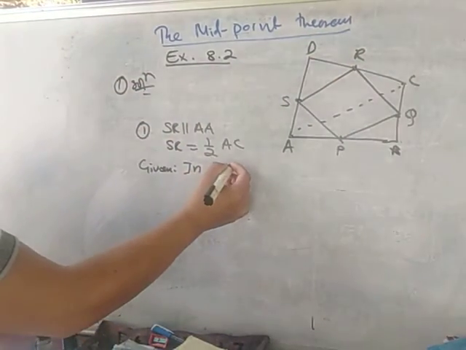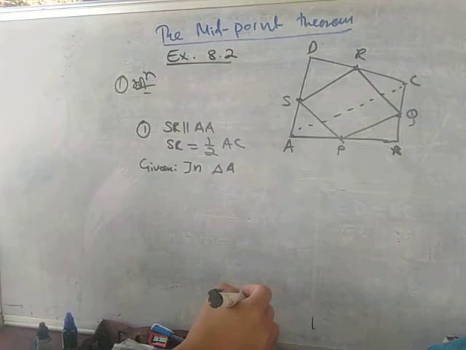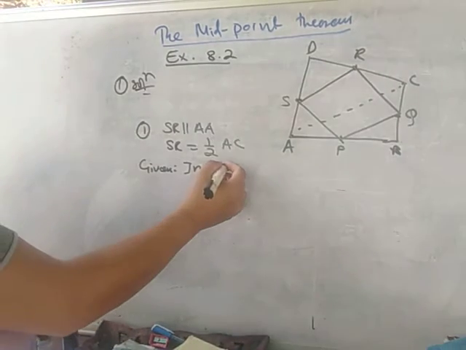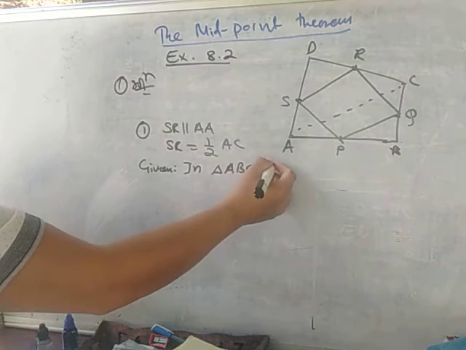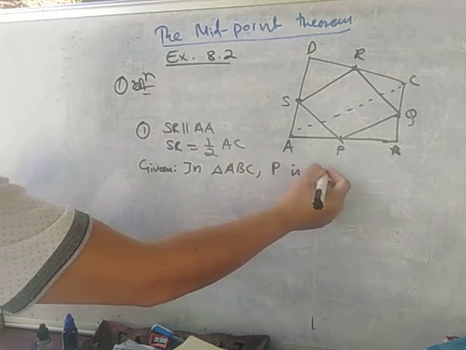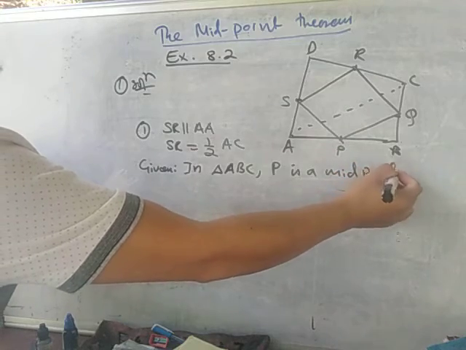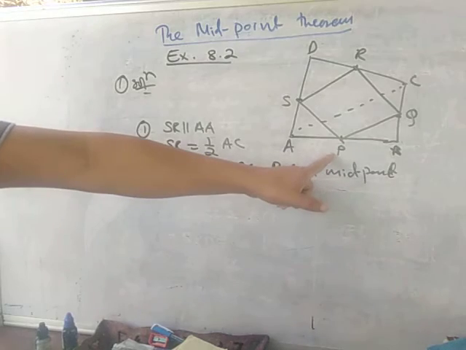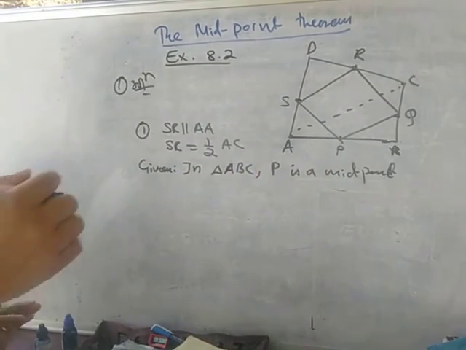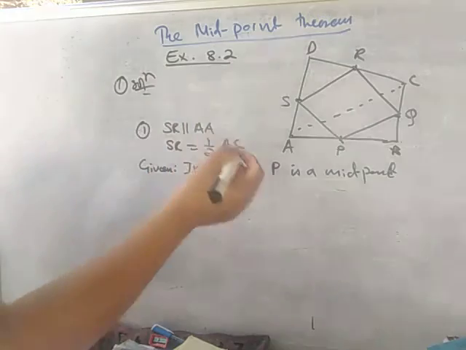In triangle ABC, P is our midpoint, isn't it? P is a midpoint of AB.